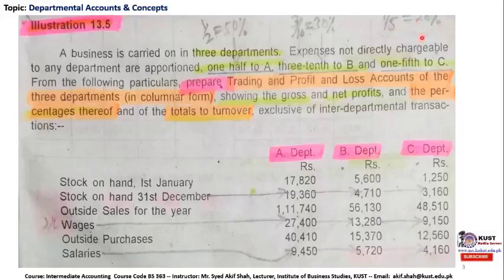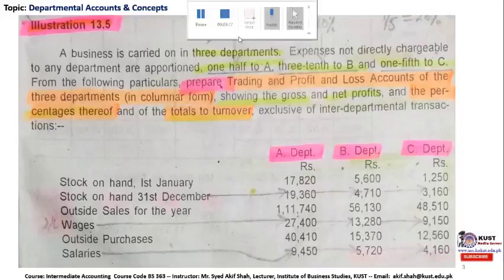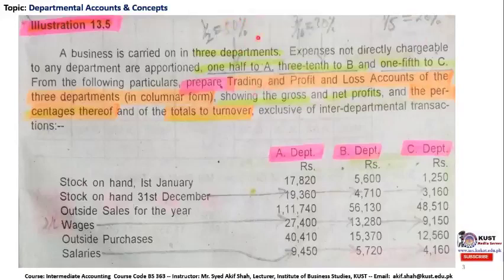So we have a formula in this question: whatever expense has no just principle for division may be apportioned to Department A, B and C on the basis of 50% to Department A, 30% to Department B and 20% to Department C.